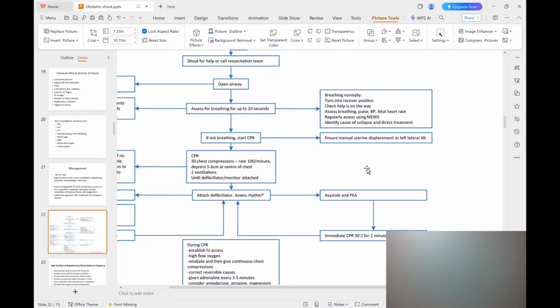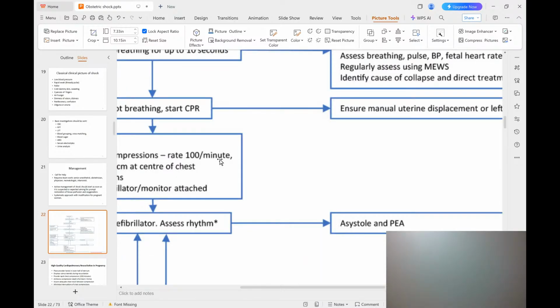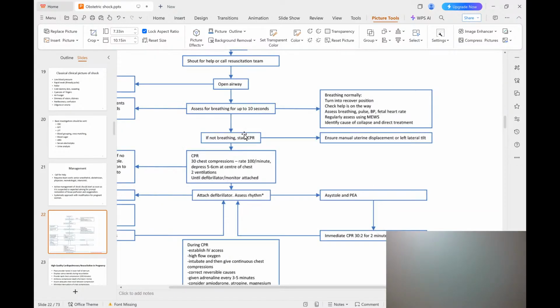One will be doing the airway maneuver, another the chest compression, and another the uterine displacement. The chest compression ratio is the same, 30 compressions in one cycle, at a rate of 100 per minute, and a depth of 5 to 6 centimeters at the center of the chest.